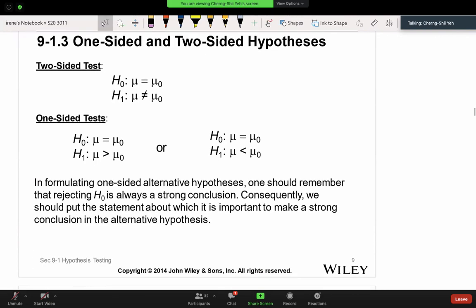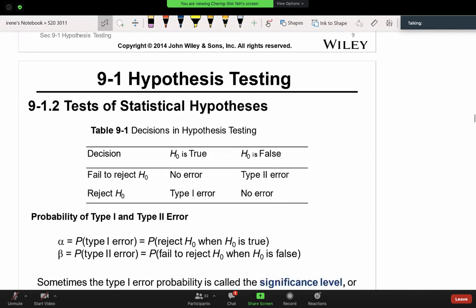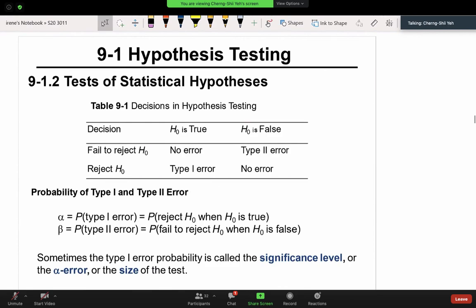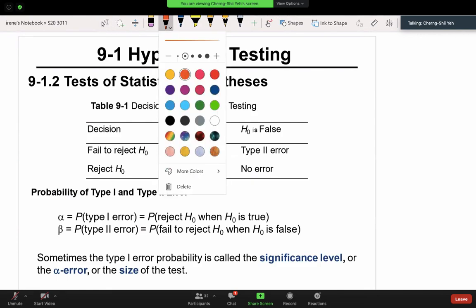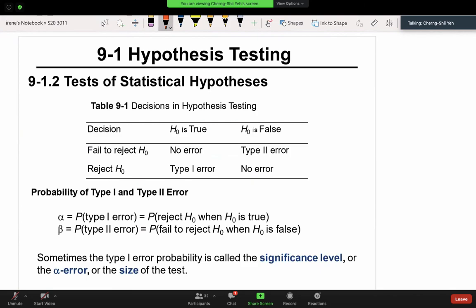One-sided, two-sided, we addressed that already. Now, they've listed the type 1, type 2 error over here, but we are going to come back to it. This is the most complicated idea of the entire 11 chapters we'll cover in this semester.